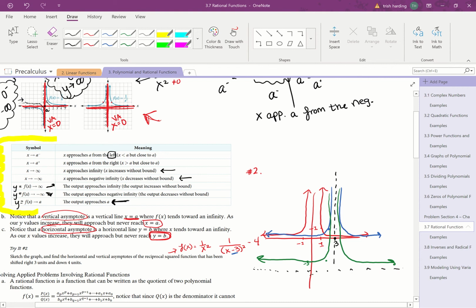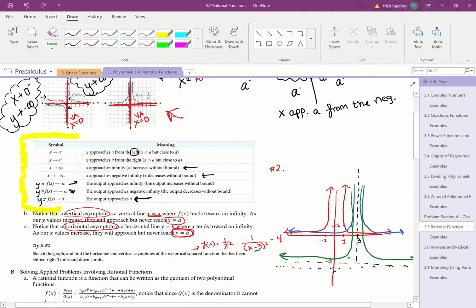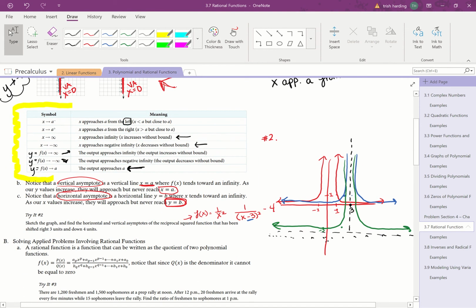This would be that 4. Okay. So notice that our asymptotes moved with it. So now what we have is, since we can't have 0 on the bottom, we know that x can't equal 3, which is why we have an asymptote here.